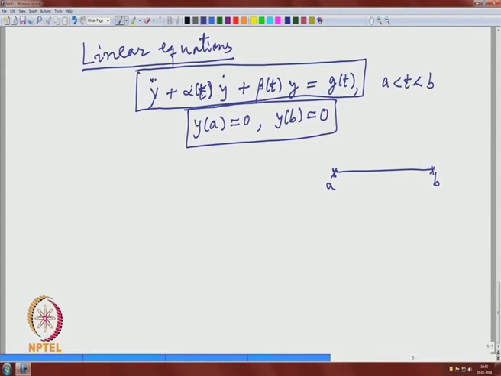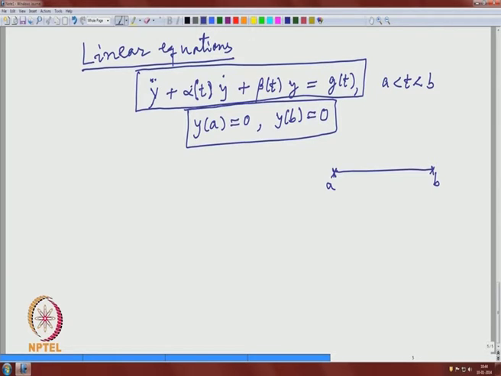So, while dealing with linear equations, we have lots of tools already developed. So, we are going to make use of that. The theory for linear equations is somewhat easier. Okay. So, let me start with this.